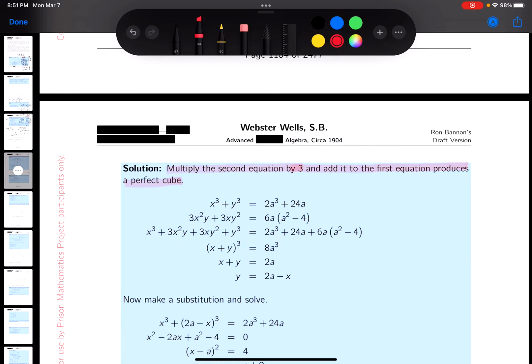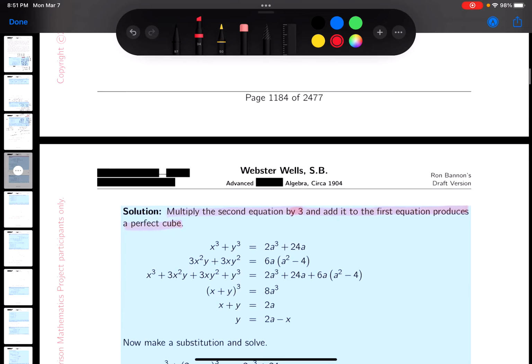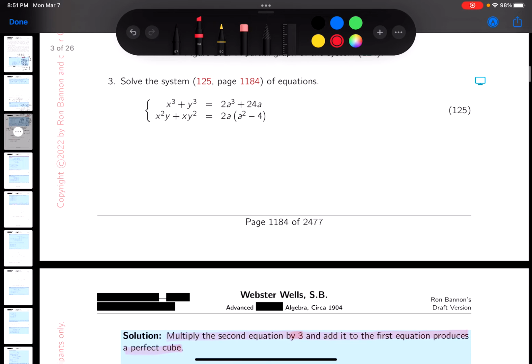All right? Now someone says, how long did it take you to get there? Well, I'll be honest with you. If you knew about, and I'll write down what I mean by this, x plus y cubed. If I just thought about that, what would you get? You get x cubed plus 3x squared y plus 3x y squared plus y cubed.